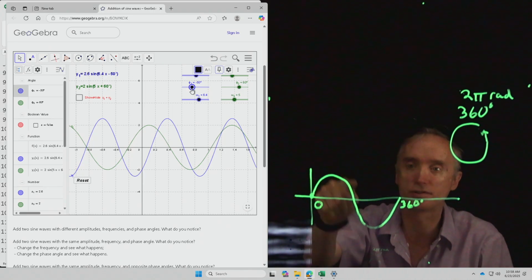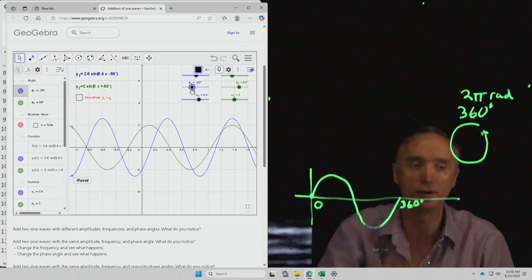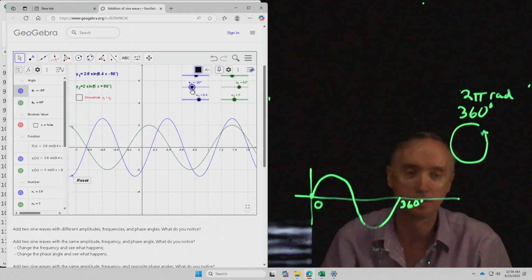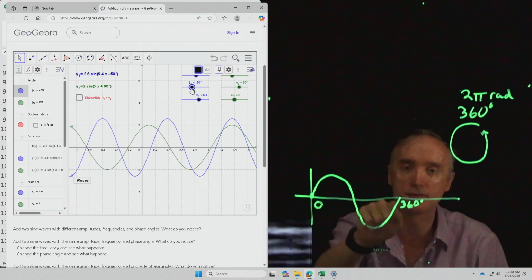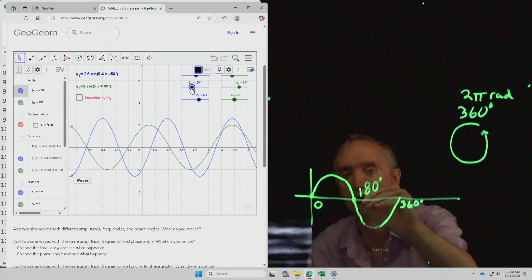So it starts over after 360 degrees, just like the circle over here did. So what would that make this point right here? If this is 0 and this is 360, then this would be 180 degrees. So that would be right there.